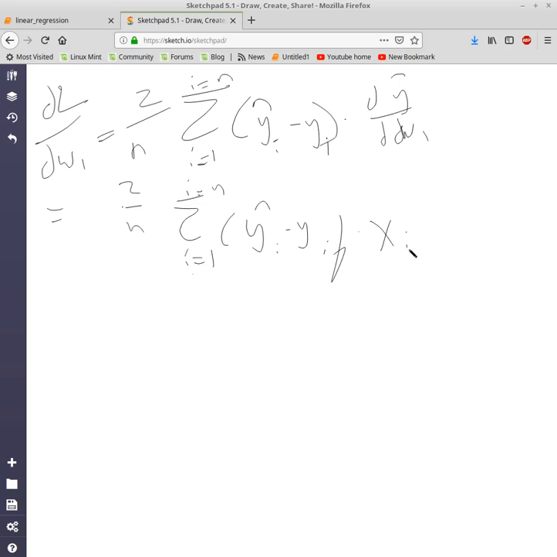Where y hat is equal to w1 x1 xi plus wb times 1.